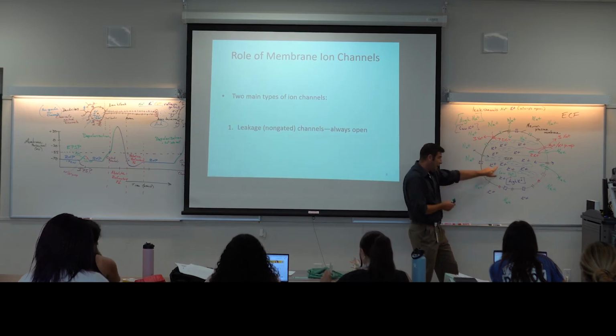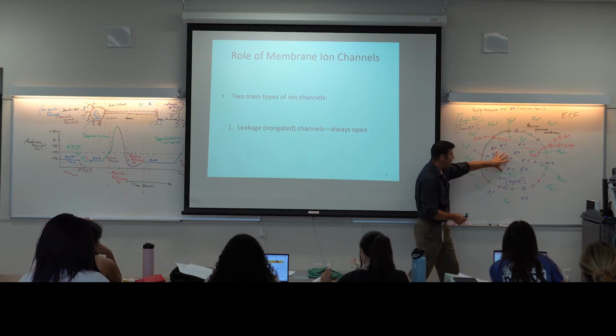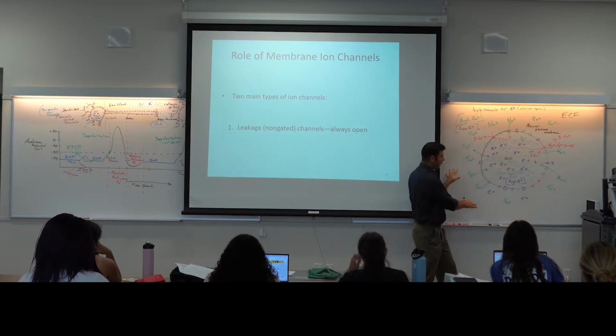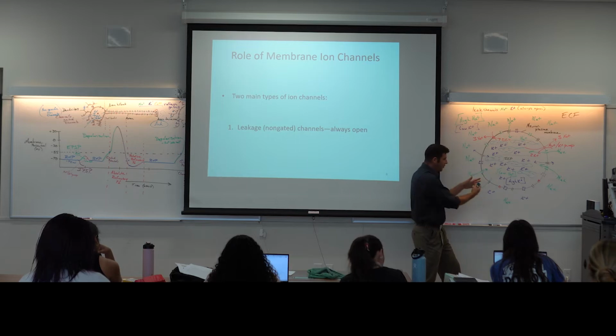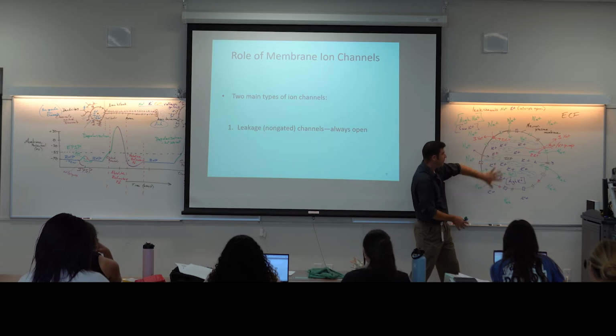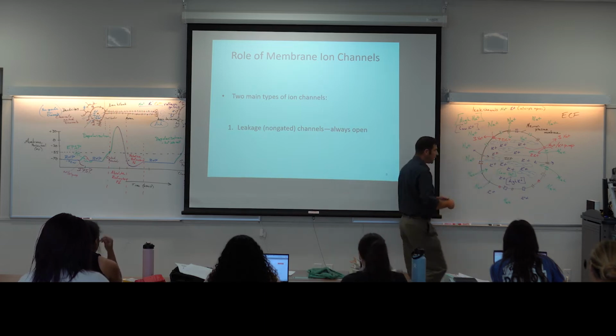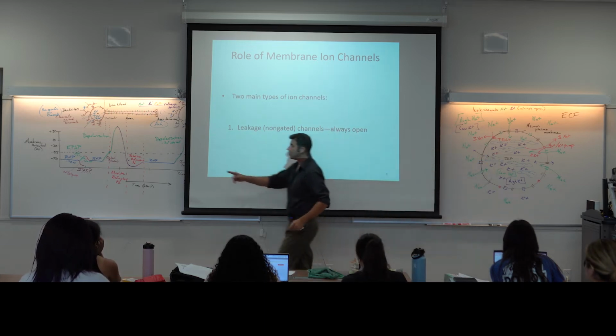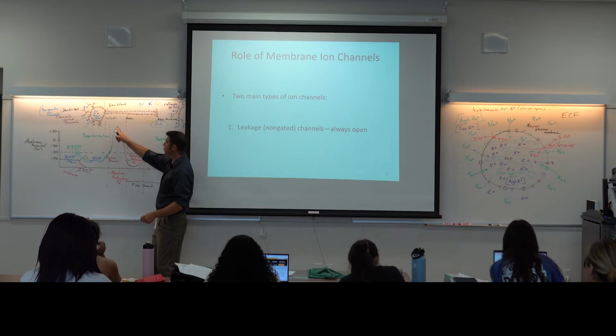But now let's switch and think about potassium, the purple one. There's lots of potassium inside the cell and very little potassium outside of the cell. If this cell needs to repolarize, it's going to be easier for it to get rid of potassium. We've got this concentration gradient built up of lots of potassium inside, very little outside. So as we hit the peak of this action potential, the voltage-gated potassium channels finally open up.